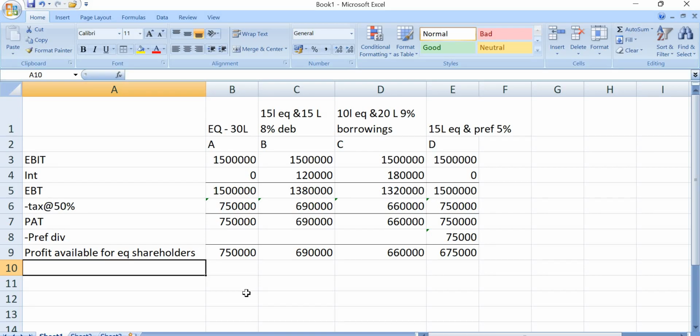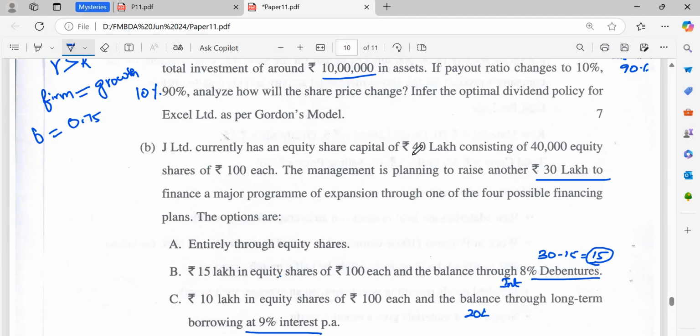Fine. Now I need to calculate the EPS. So EPS is calculated based on the number of equity shares. So in this case, how many shares do we have? Already we have 40,000 equity shares.